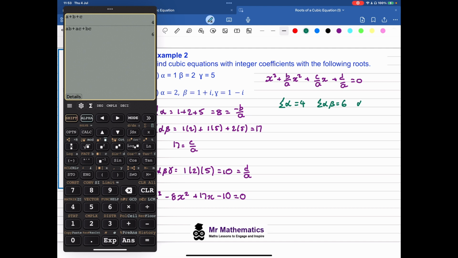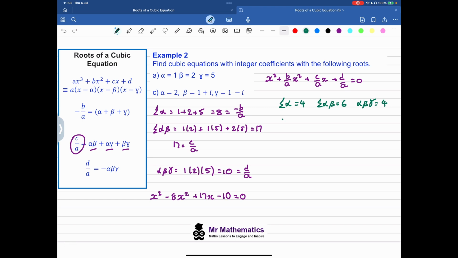And then we can work out alpha beta gamma as alpha times beta times gamma, and this will give us 4. So now we know that negative b over a is 4, c over a is equal to 6, and d over a is equal to negative 4.